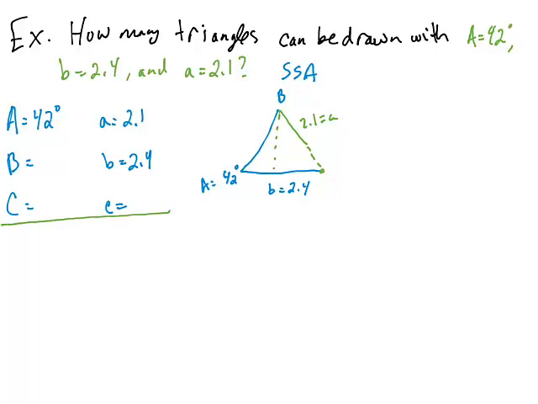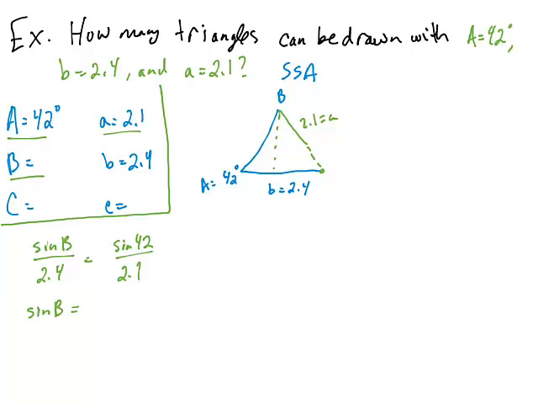Alright, so we have an angle and a side that are opposite each other. Then we're going to try and find angle B. Because we're looking for angle B, I'm going to put that in the numerator. That's equal to sine 42 over 2.1. Multiply both sides by 2.4, I get sine of B is equal to 2.4 sine 42 divided by 2.1.